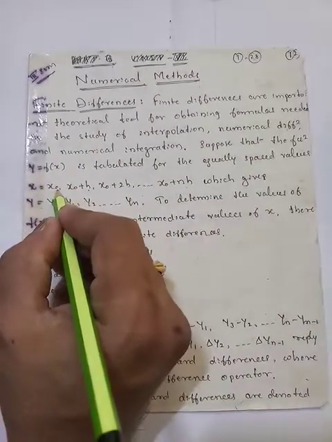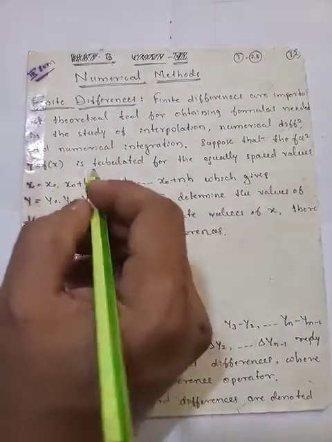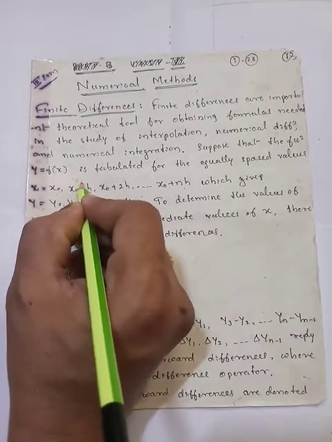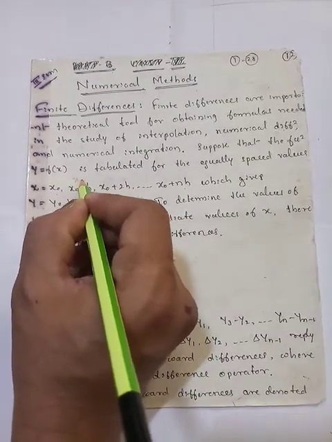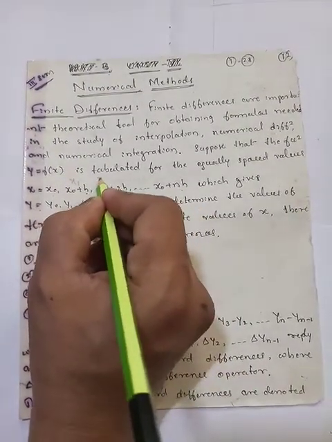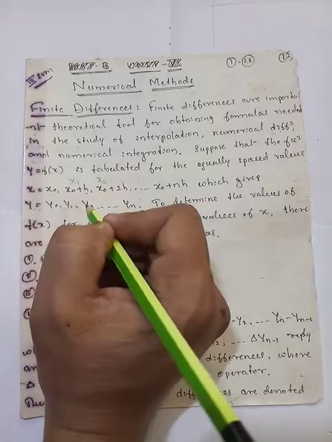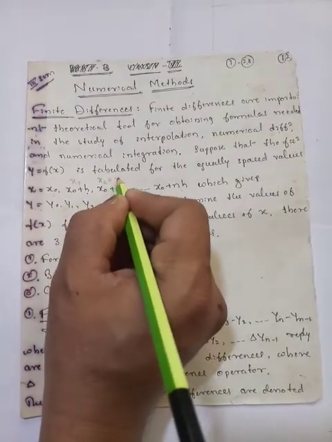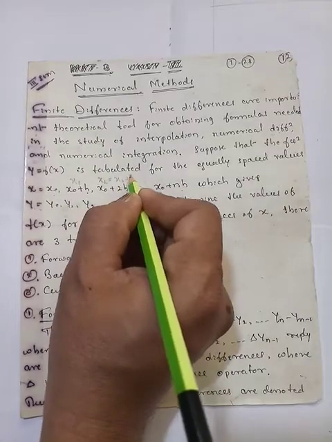So this is x naught plus h, where h is the difference, and this is our x1. Then x naught plus 2h is x2. Even this x naught plus 2h we can also write as x1 plus h.